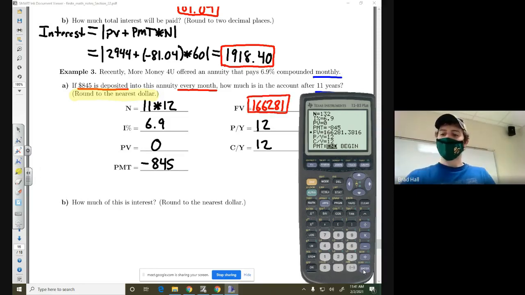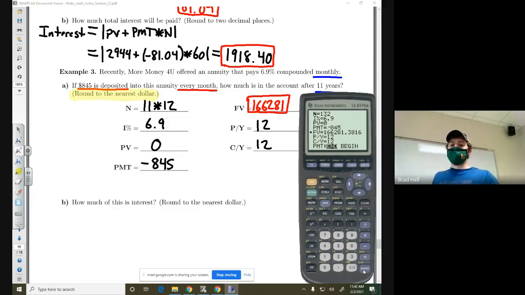So just think about that. If you put this money into an annuity, in 11 years, a lot of you are probably fairly young, you'd be maybe 30, close to 30. Imagine by the time you're 30, you have over $100,000 sitting in the bank waiting for you.